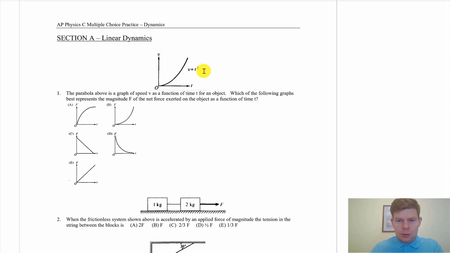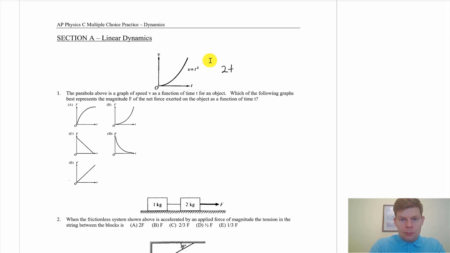If you were to take the derivative of the velocity function, you would get an acceleration function, and f net is just m times a. So imagine taking the derivative of t squared to get a. That would be 2t.